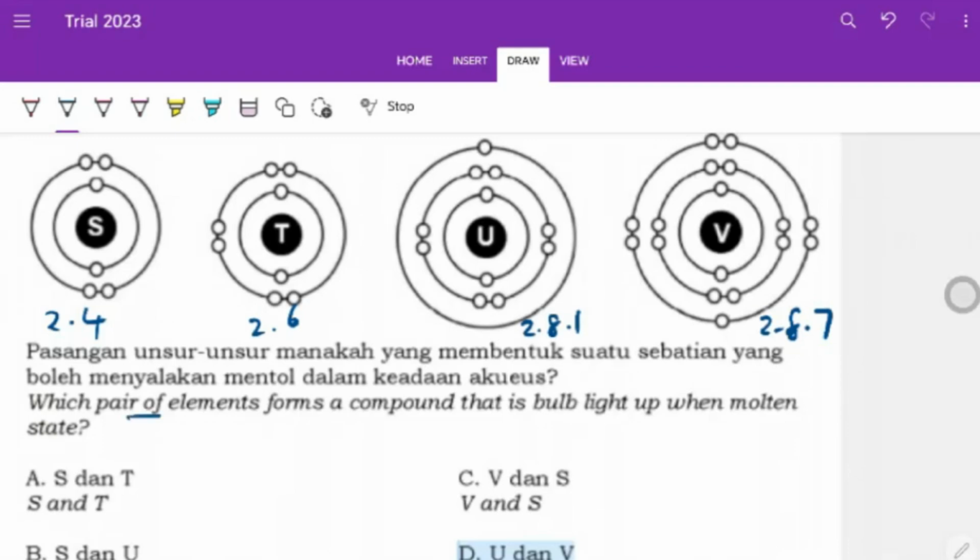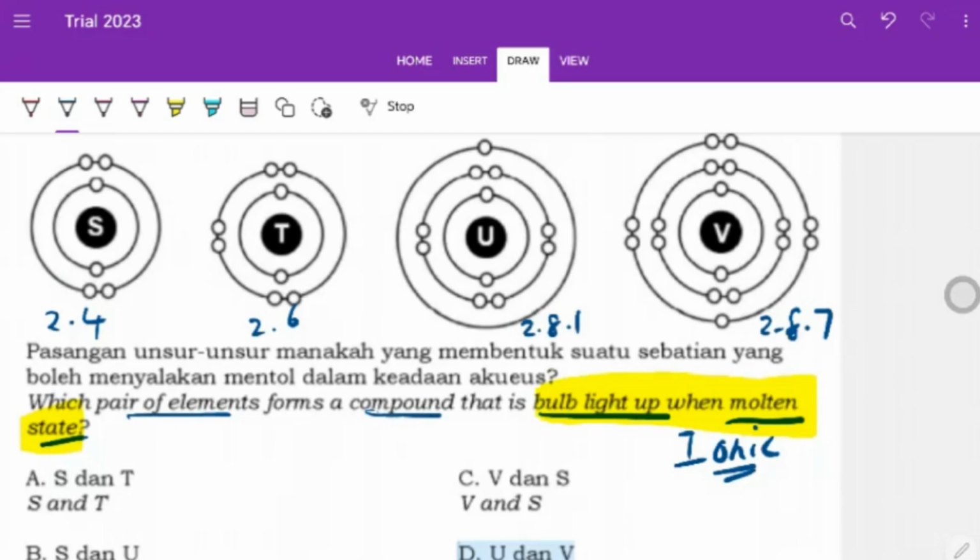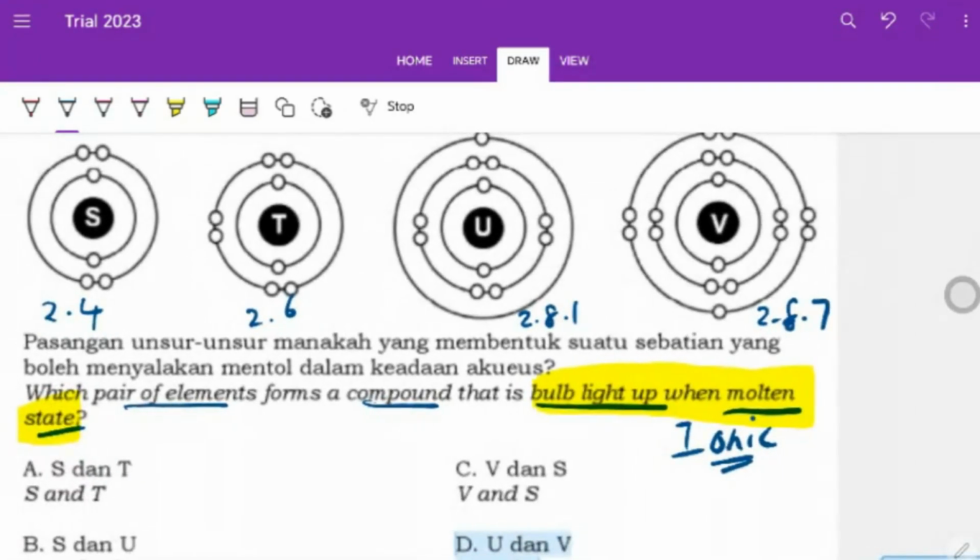Now, which pair of elements forms a compound that can light up a spark lamp in the molten state? If it can light up in molten state, what is this? Ionic. If ionic, which one can form ionic? UV or UT also can.